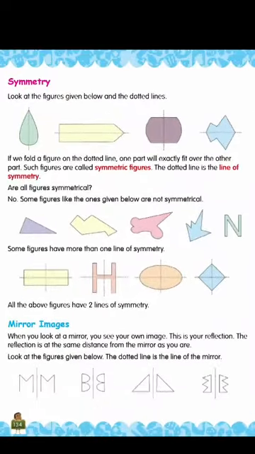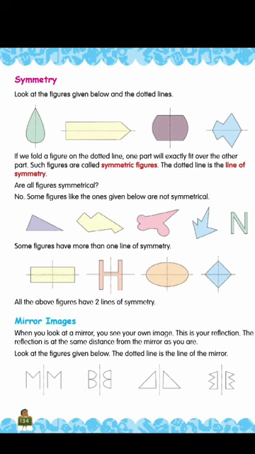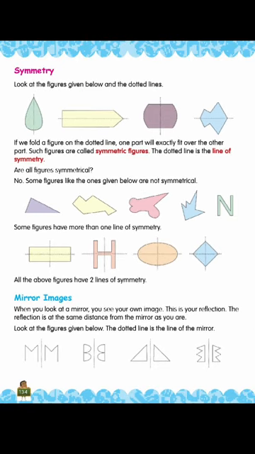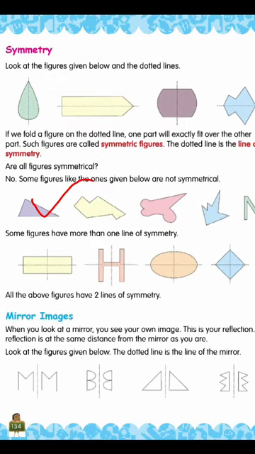But some figures cannot have even a single line of symmetry. Such figures are called asymmetrical figures or figures which are not symmetrical. So these are the examples of asymmetrical figures. And they are the symmetrical figures.